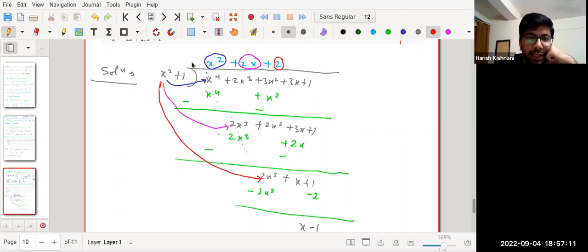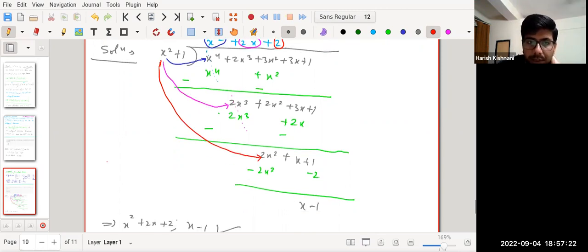Multiply this 2 with the entire polynomial, you will get 2x^2 plus 2. Subtract it, so this will be cancelled out, and you are left with x minus 1.